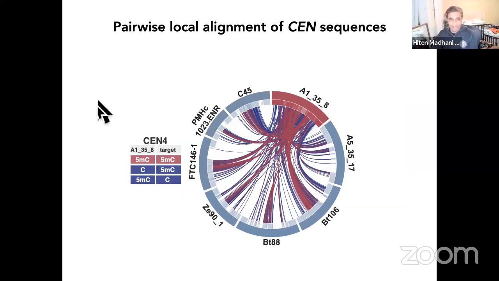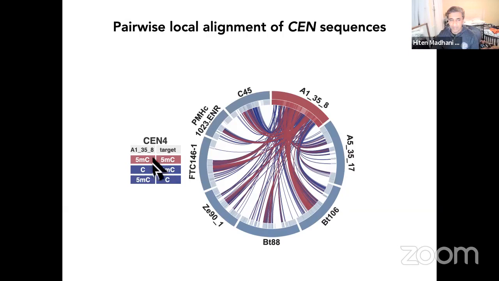Okay, so what's shown here in this Circos plot is an analysis where we take centromeres. So the outer circle describes, in this case, centromere 4 from all of these strains. The inner circle here describes the regions where we can measure cytosine methylation.